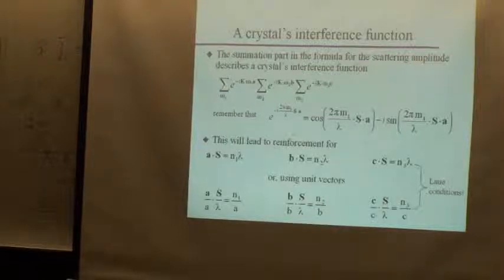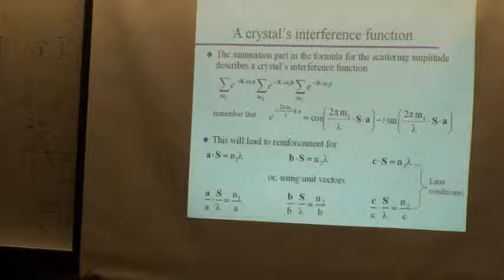Well, it will do so whenever our argument here happens to be an integer times lambda. Okay? Because if this is an integer times lambda, then we have 2 pi times an integer times lambda divided by lambda. So that's 2 pi times an integer, last time I checked.